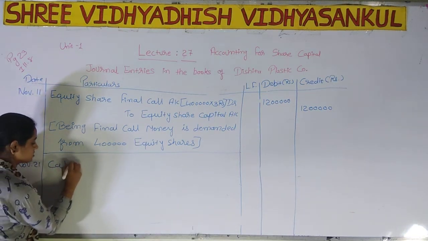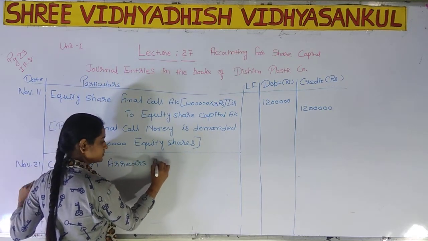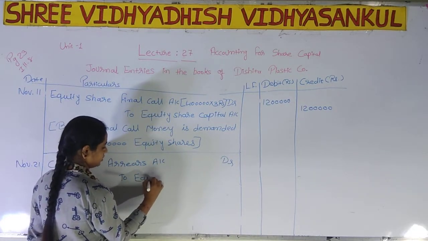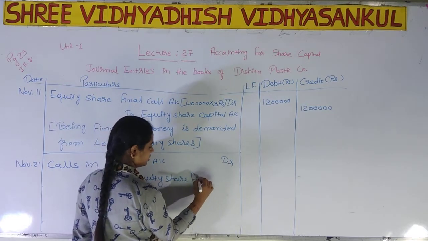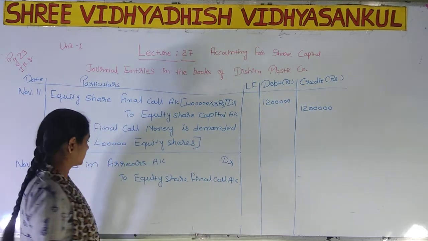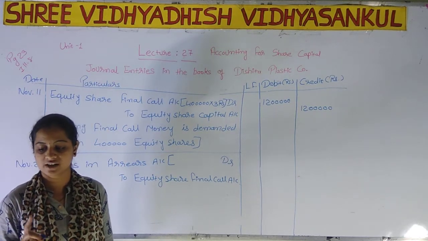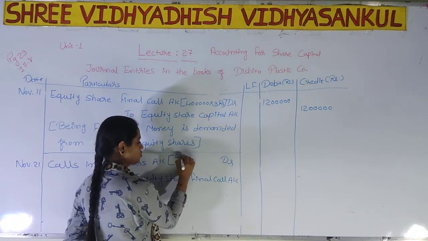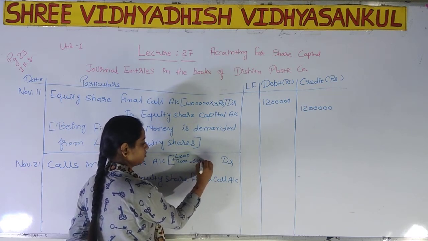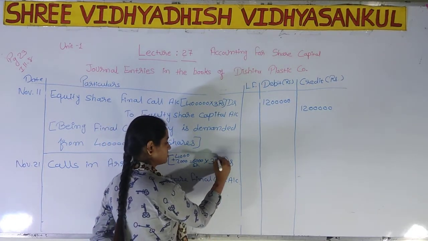And the journal entry is calls in arrears account debit to equity final call account, right? So which amount have we not received? From 4,000 shares and from 2,000 shares, right? So 4,000 plus 2,000, that means we have not received the amount from 6,000 shares, and the amount is 3.